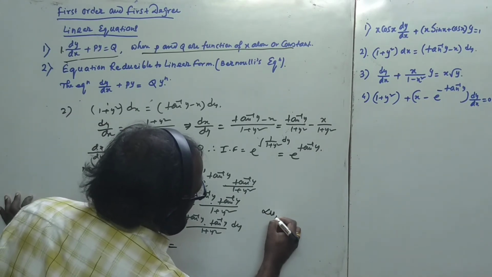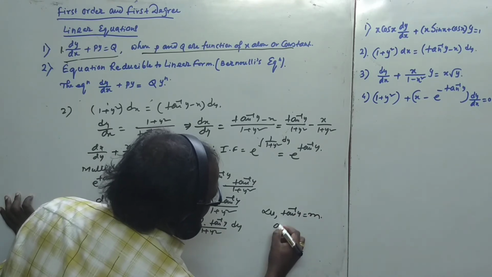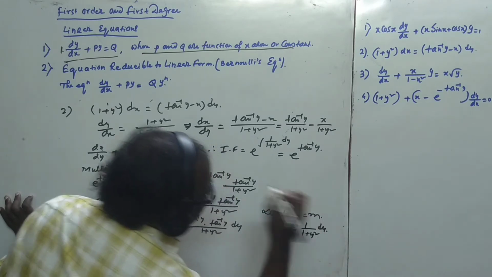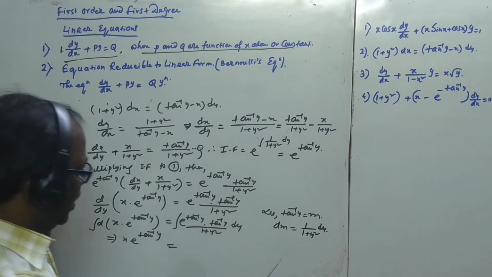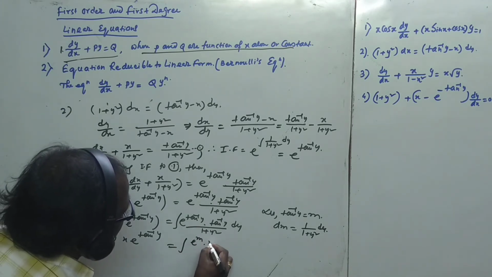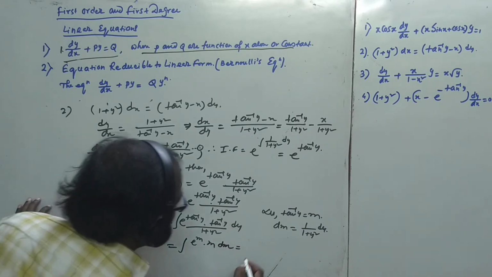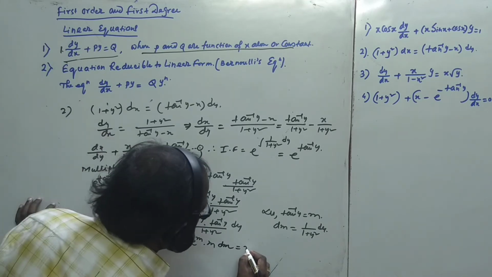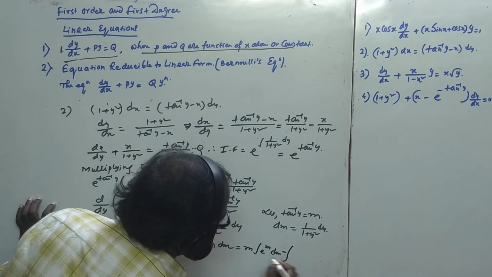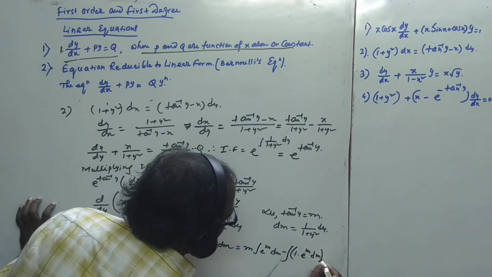So let tan inverse y be m. So dm is equal to 1 by 1 plus y square dy. Now this is e to the power m, this is m, and dy by 1 plus y square is dm. Integrating by parts, u into v: m into e to the power m dm minus derivative of m times e to the power m dm.